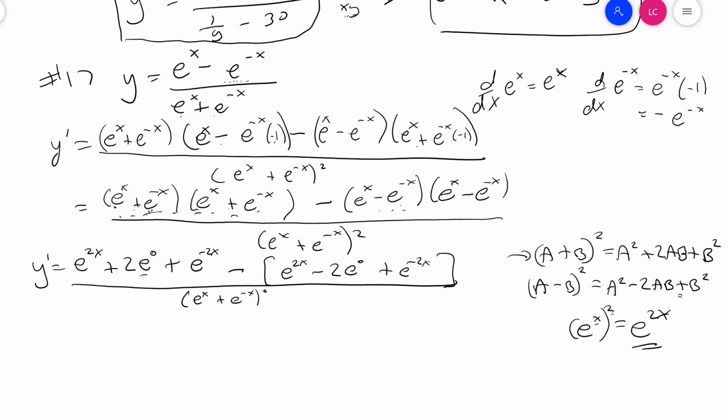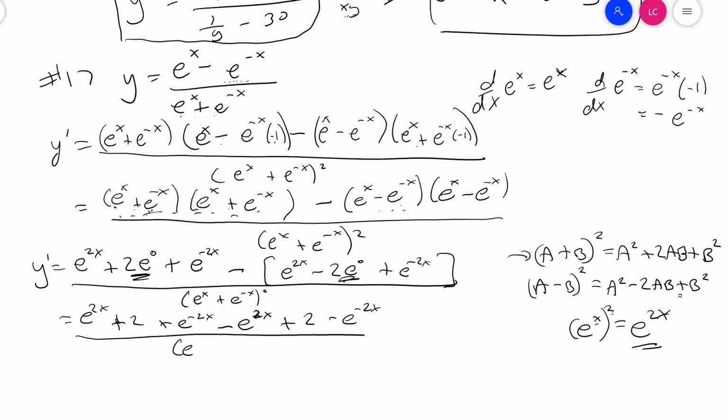Never multiply the denominator out. Okay, so let's distribute and get rid of the e to the zeros, right? So plus 2 plus e to the negative 2x minus e to the 2x, and then this makes a plus 2, and this makes a minus e to the negative 2x over this squared.